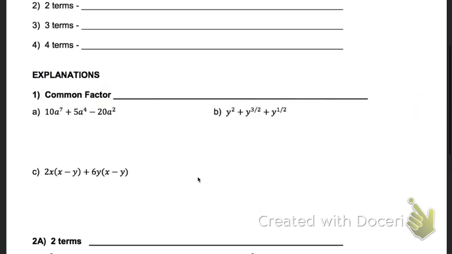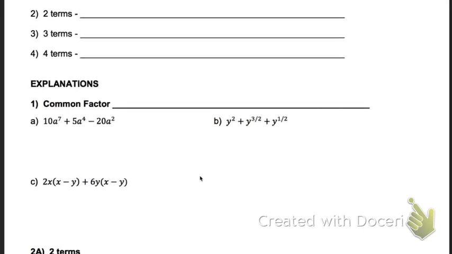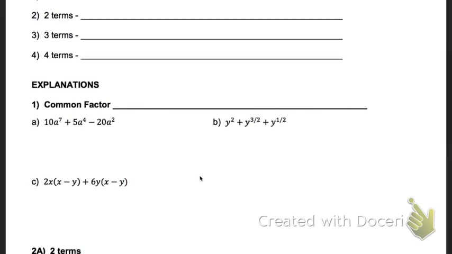So the first one is just a common factor, meaning I can pull a common factor out of every single term. So it's the opposite. Common factor is the opposite of distributing. So if you think of it that way, what do you do when you distribute?